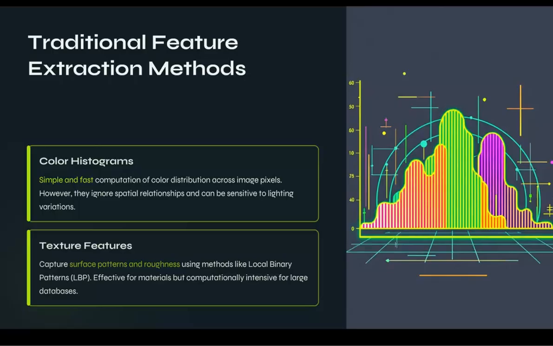Shape features rely on edge detection and descriptors like Hu moments. They are strong for object recognition, but require accurate segmentation, which is not trivial. Each of these has strengths, but also weaknesses in scalability, robustness, or generalization.